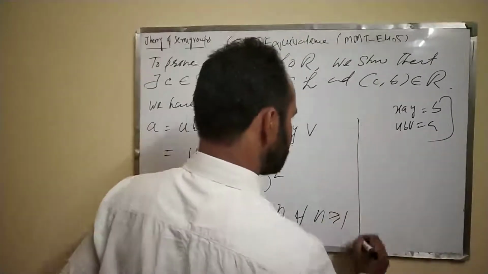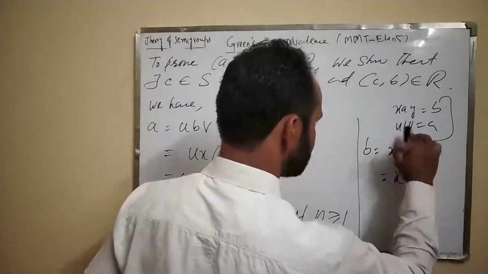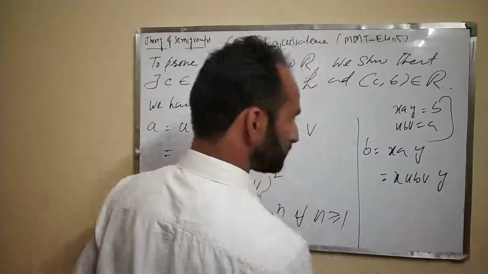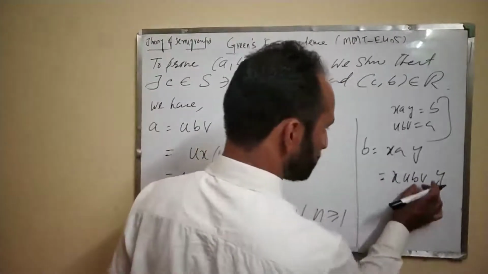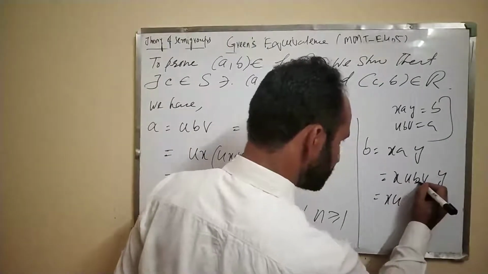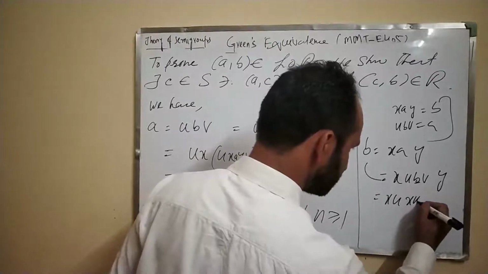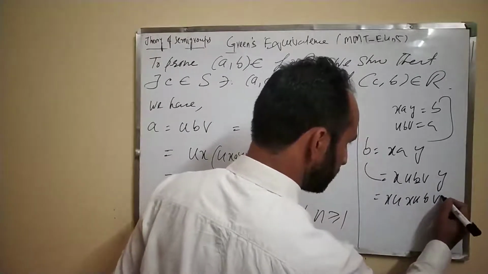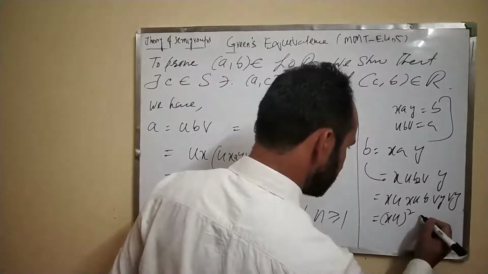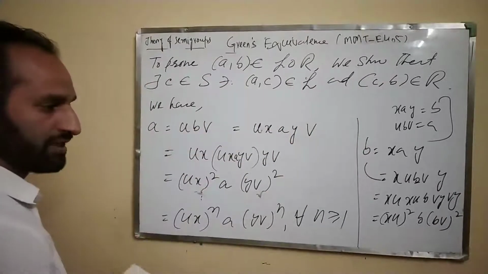And similarly, you can see this for B. B is equal to XAY. That's equal to X, where A is equal to UBV, into Y. So B is equal to XUBVY. Now you can apply this equation again. B is equal to XU squared into B into VY squared. And you can continue this process.